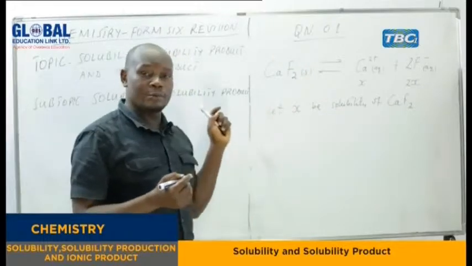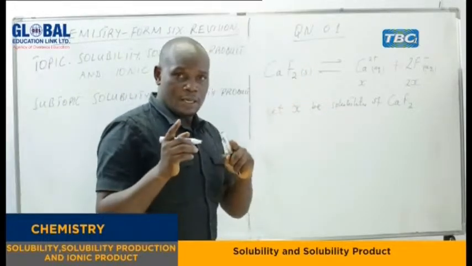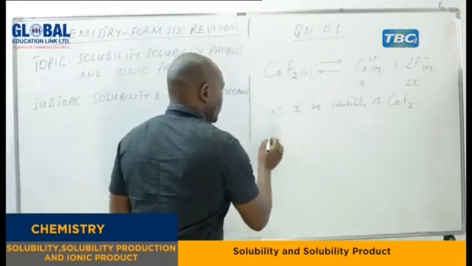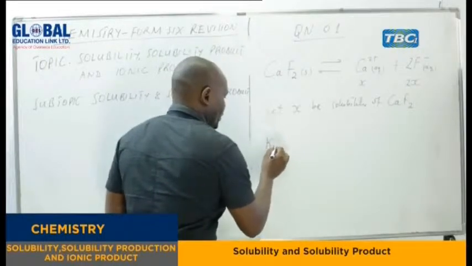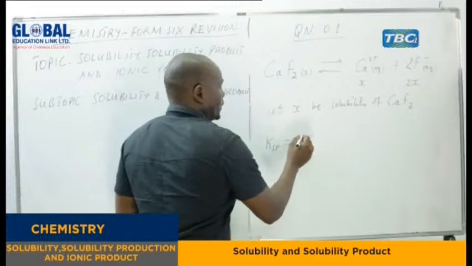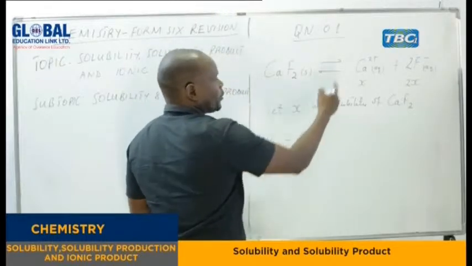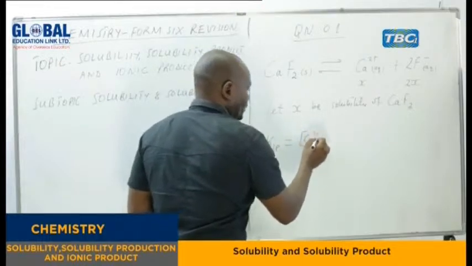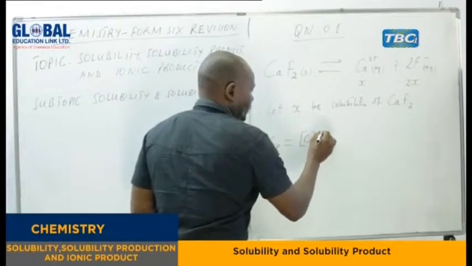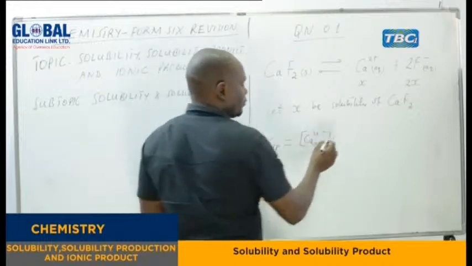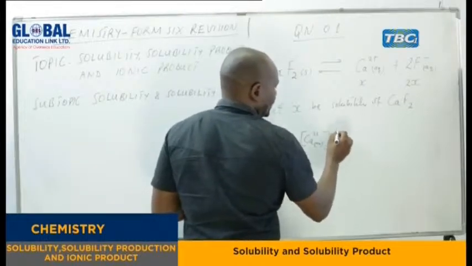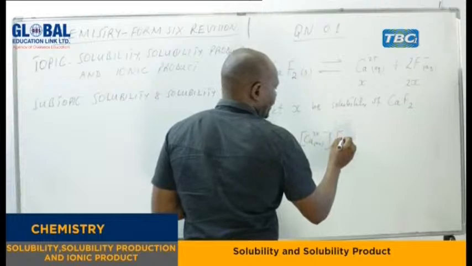So if we go back to the KSP expression, KSP is equal to the product of the concentration of our ions, which is calcium ions, times the concentration of fluoride ions.